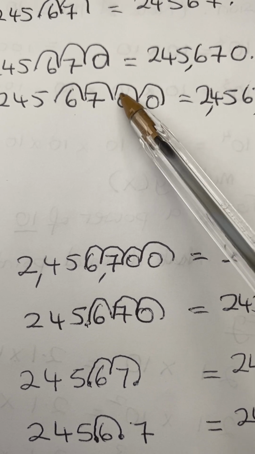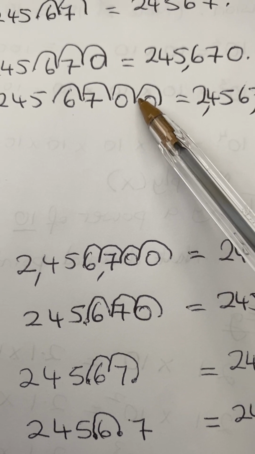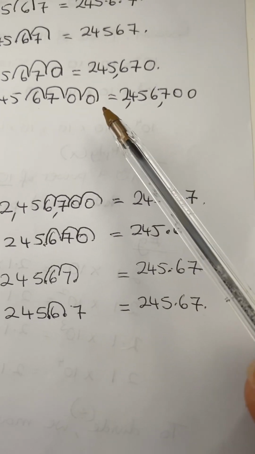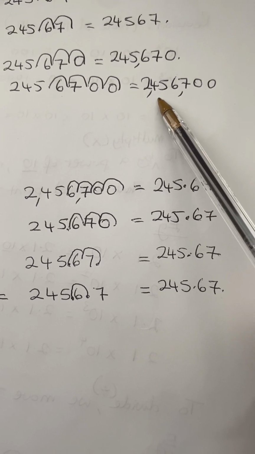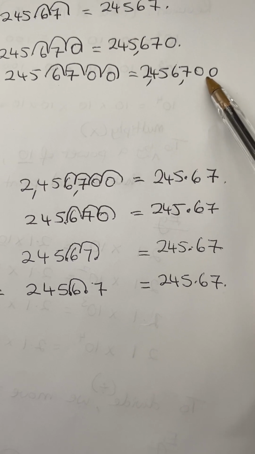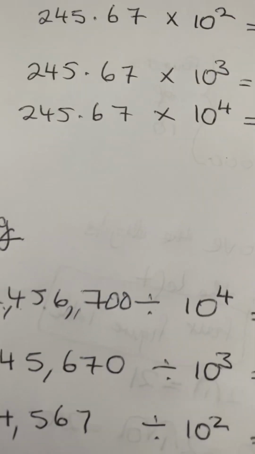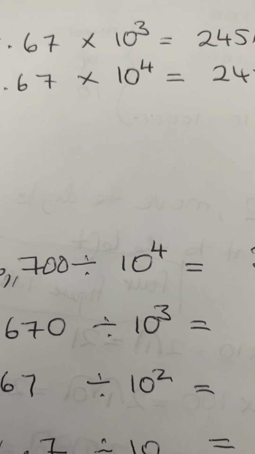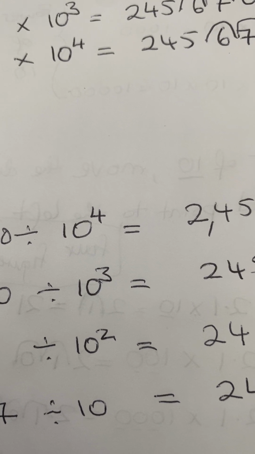The empty ones, we add zeros. So our new number now will become 2456,700. Okay.